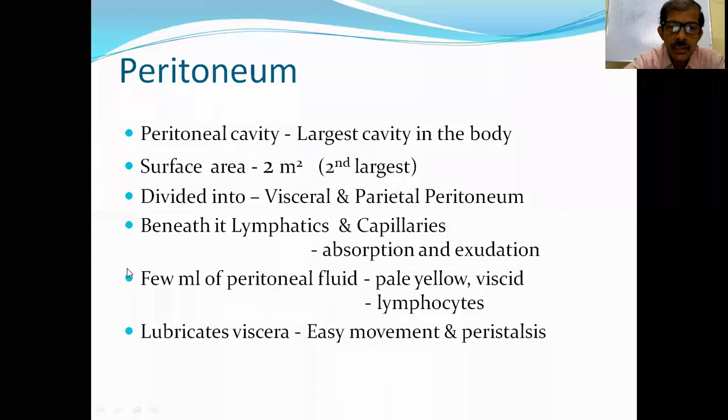Why should that fluid be there in the peritoneal cavity? To lubricate the viscera, for easy movement and peristalsis. That is the reason why there is some peritoneal fluid. On opening the abdomen, you will see that there is some fluid.